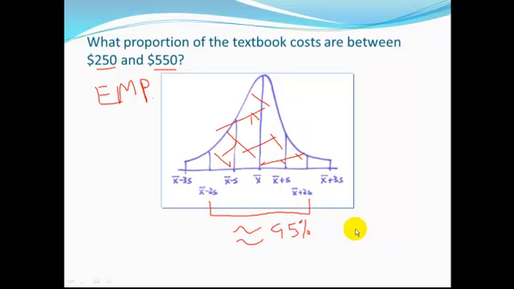I'll say something clever like, assuming the distribution is mound-shaped and symmetric. Well, that should be a clue. If you miss that clue, there's something wrong with you, right? If it's mound-shaped and symmetric, you should be using the empirical rule. Now, I could give you the clue, assuming it's not mound-shaped and symmetric, which would indicate use Chebyshev. But typically, I will say something clever like, and see if you catch the subtlety here, assuming nothing's known about the shape of the distribution.